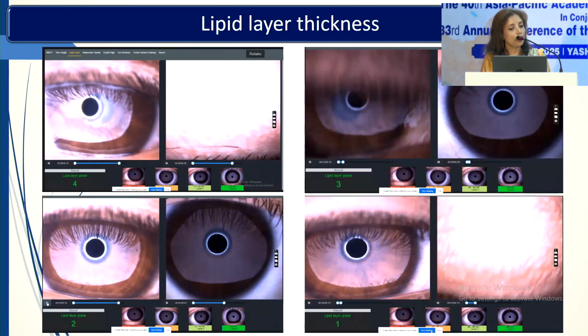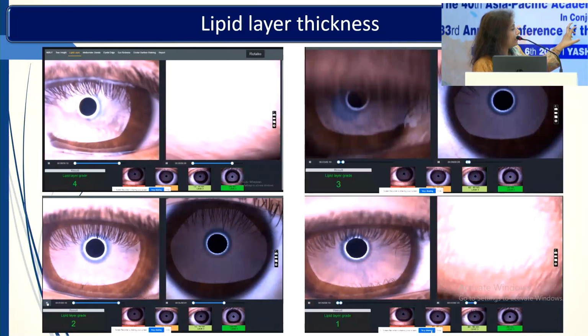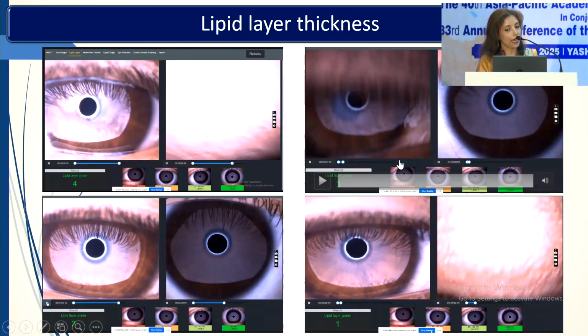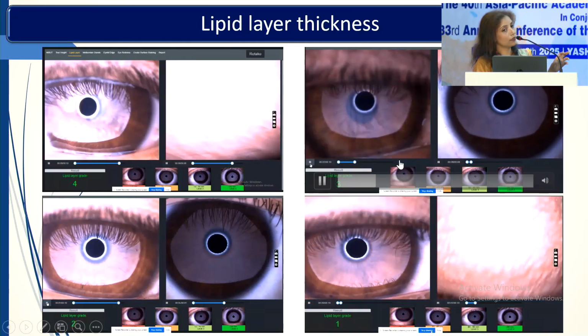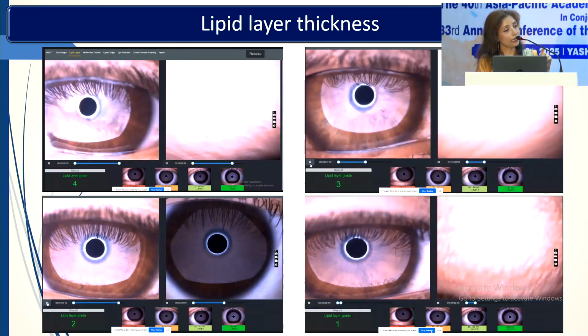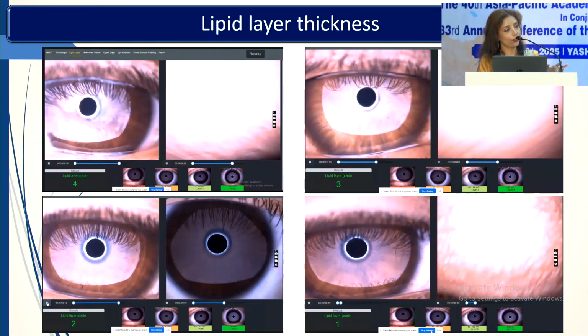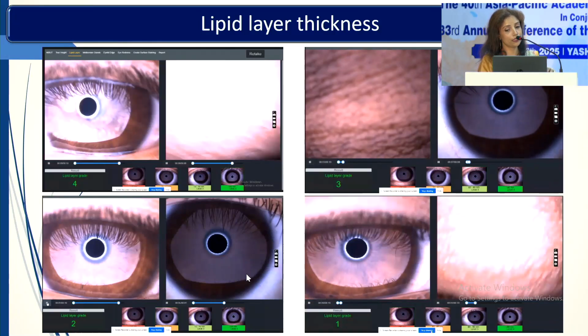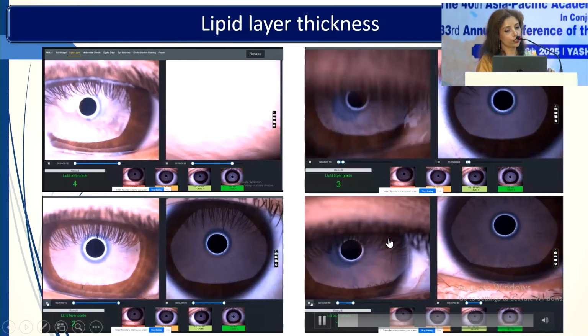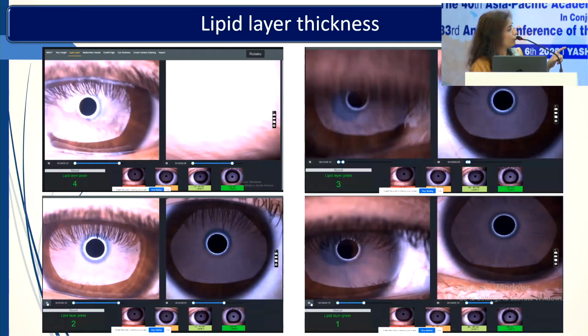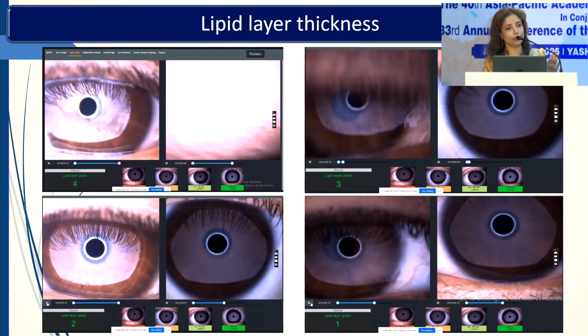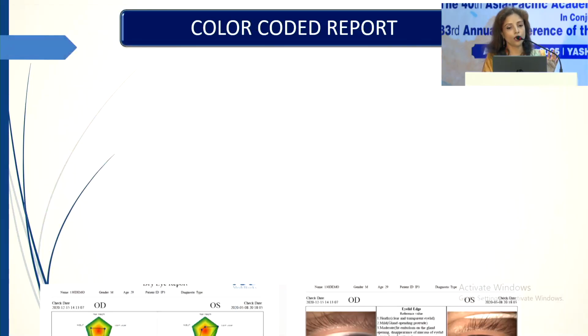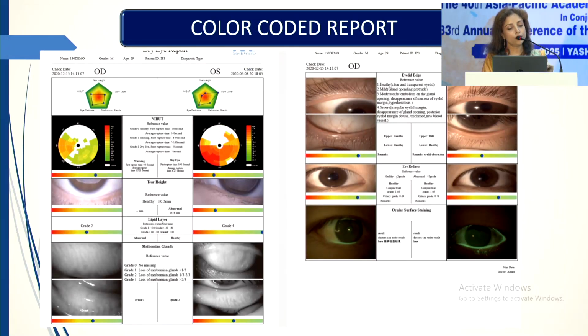The left-sided eye is the patient eye, and the right-sided eye is the sample eye fitted in the device, and the AI matches the patient eye with the sample eye. In the last video you see that there are almost no fringes, so this has a very thin lipid layer.